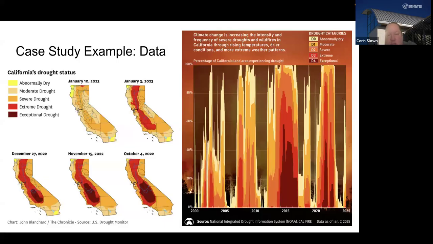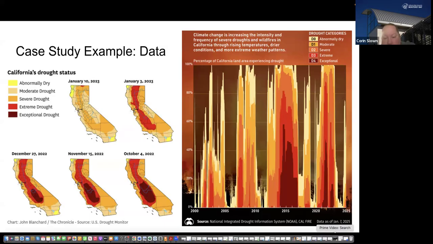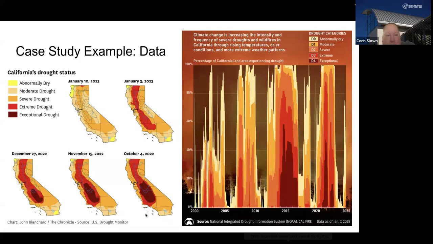So while we have variation over time, what I want to show you on the right is information from the National Integrated Drought Information System from NOAA. And this shows the percentage of California land that is experiencing drought. And we have categories similar to what's shown here, that's abnormally dry, moderate, severe, extreme, and exceptional. And what you can see over time is while there is variation, we are certainly, as of 2025, still in a period that would be considered drought.